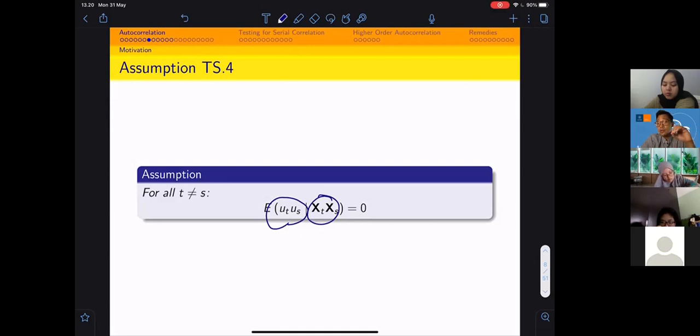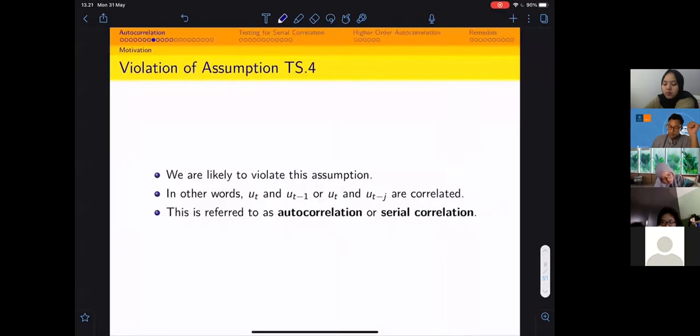So this is what the assumption says. Okay. However, in many time series econometric settings, we are very likely to violate this particular assumption. So the current shock or the current error term is going to be correlated with the past error terms. Okay. If that's the case, then we're going to deal with the issue of serial correlation or the autocorrelation issue.